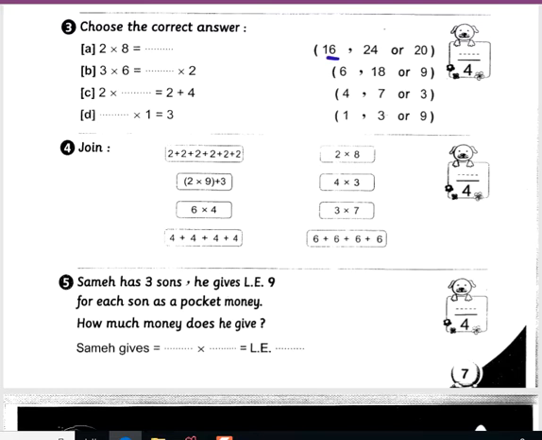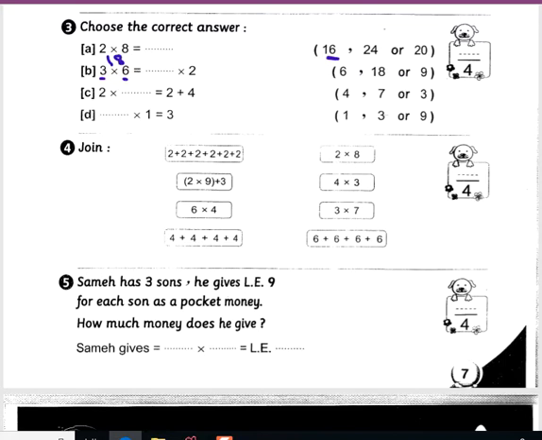3 times 6 equals space times 2. Here we have 3 times 6. 3 times 6 equals, take your time, 3 times 6 equals 18. But here, remember, we have space times 2.